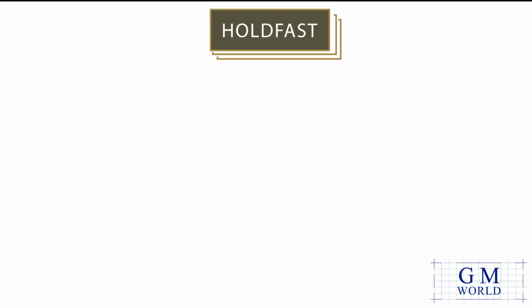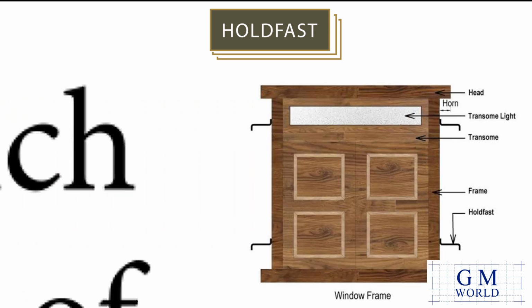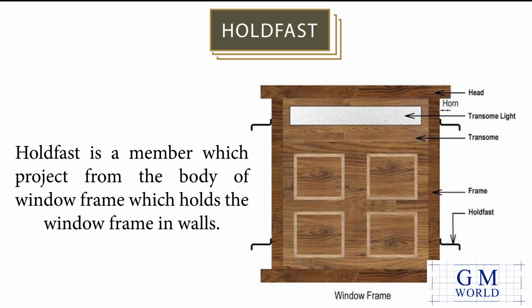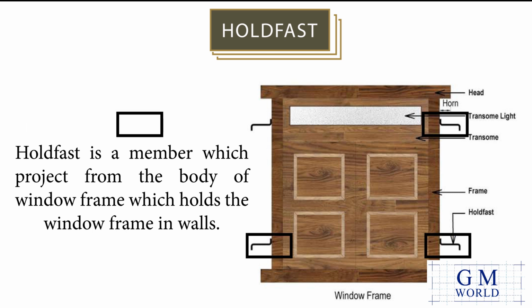Holdfast is a very important member which is very strongly attached to the frame of the window. Generally, there are 2 or 3 holdfasts on either side of the frame, which are properly clamped and inserted in the structure to hold the frame properly so that it doesn't shake or move.